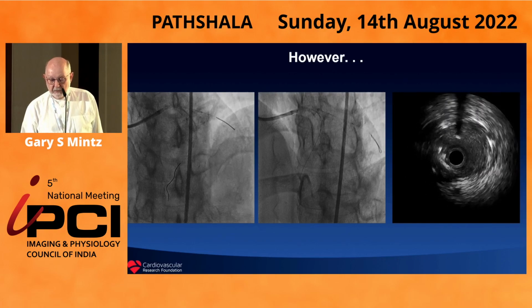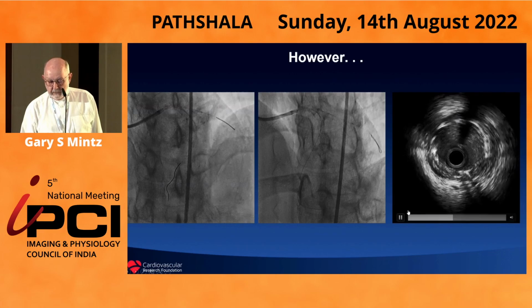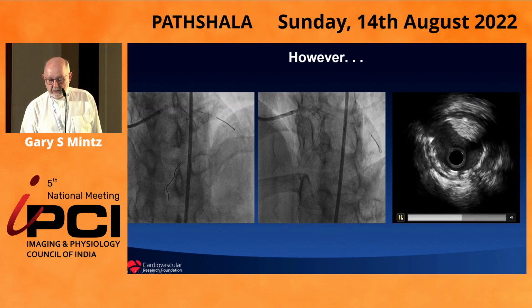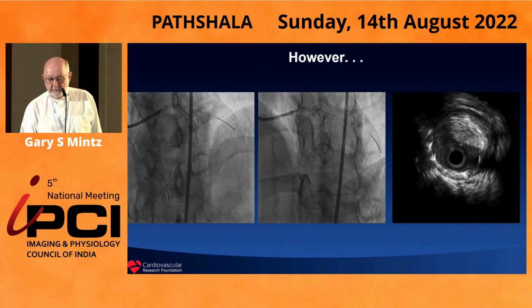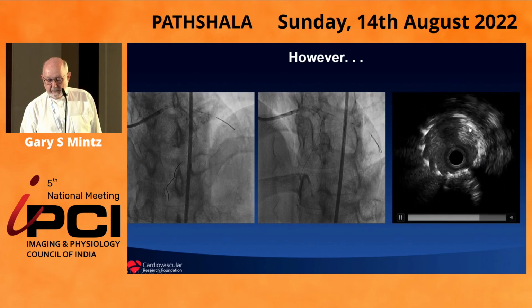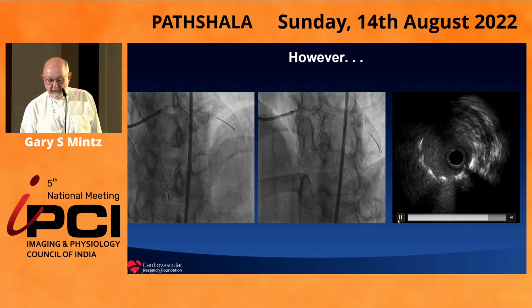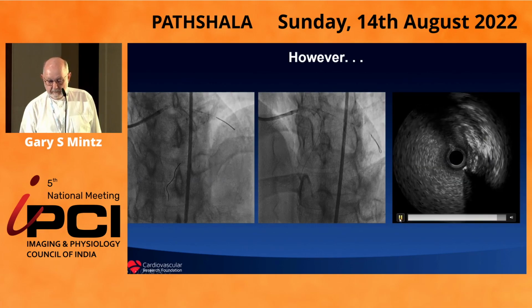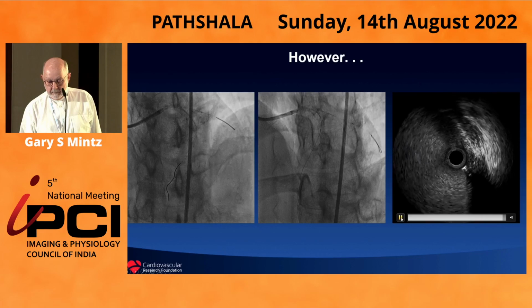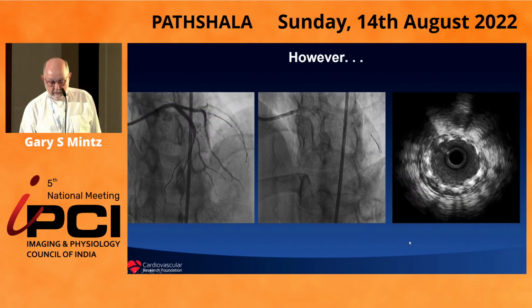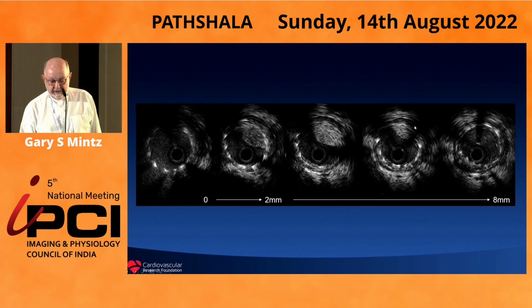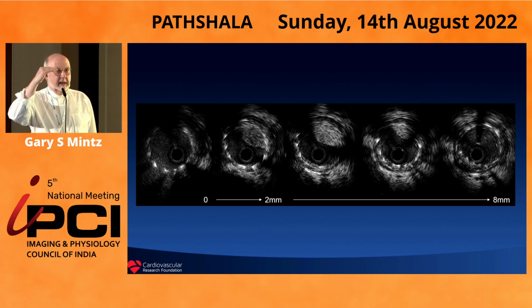You can see the previous stent, and then in the middle of the left main, you see this. So what do you think it is? This is the still frames. What is this? So that's a hematoma between the intima of the previously placed stent and the stent.